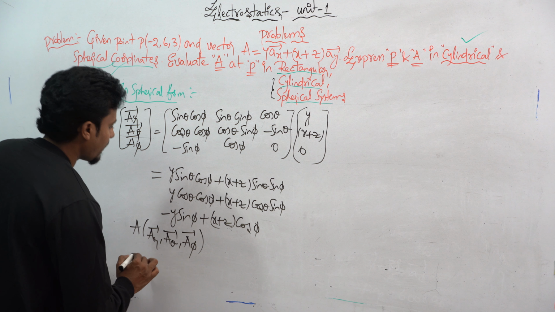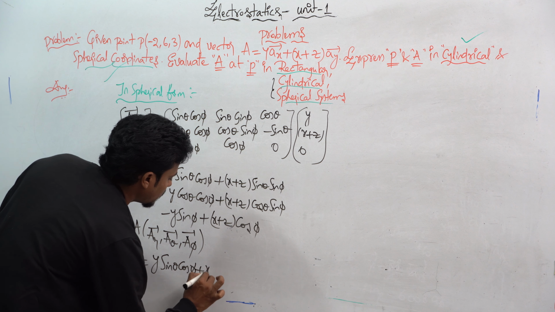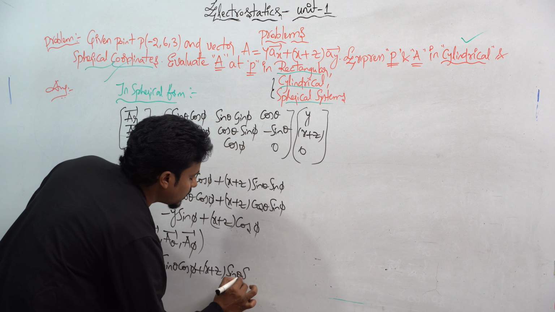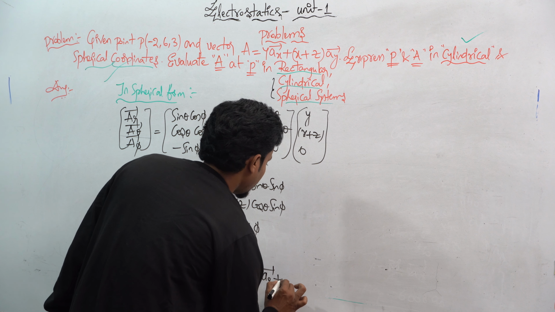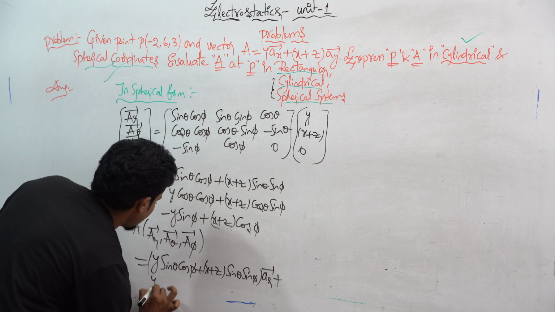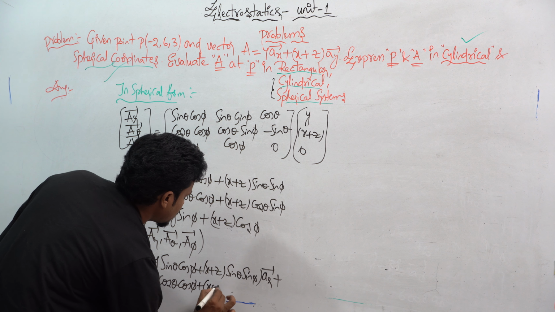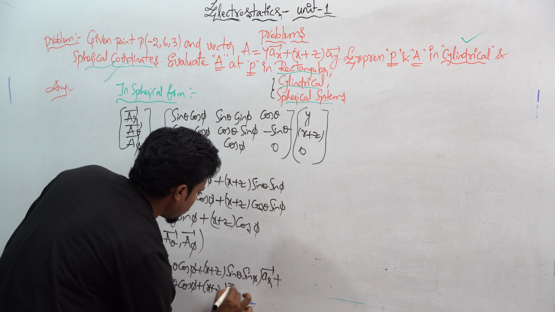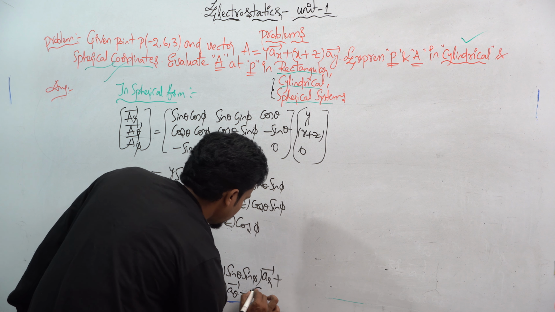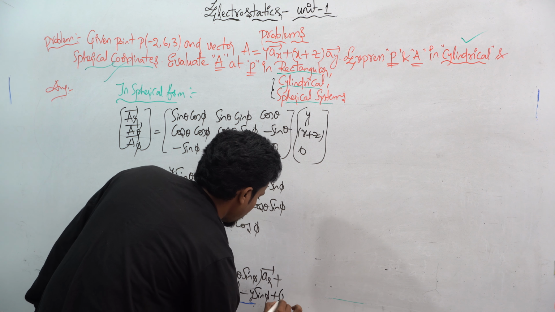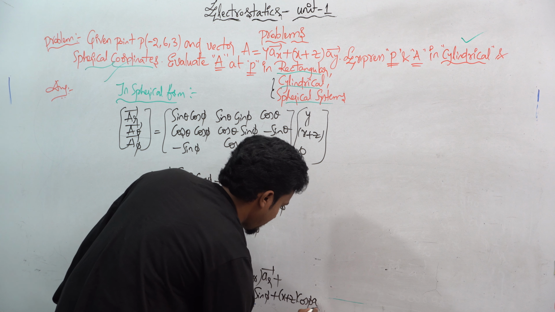So this will become (y sin theta cos phi plus x plus z into sin theta sin phi) a_r bar plus (y cos theta cos phi plus x plus z into cos theta sin phi) a_theta bar minus (y sin phi plus x plus z into cos phi) a_phi bar.